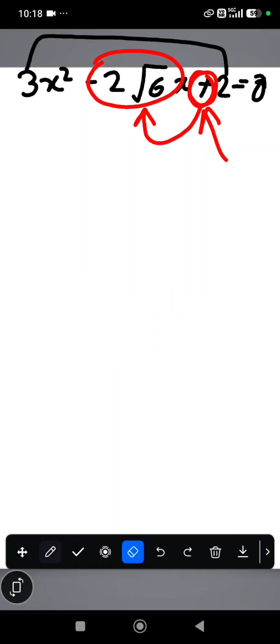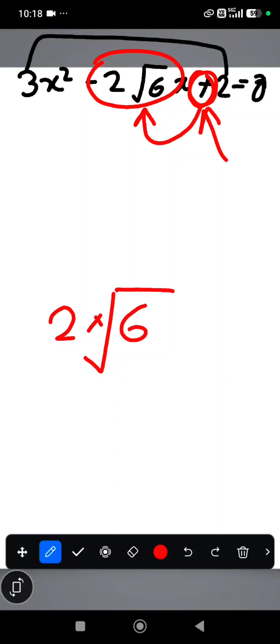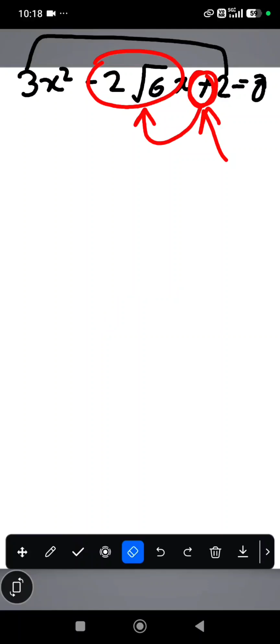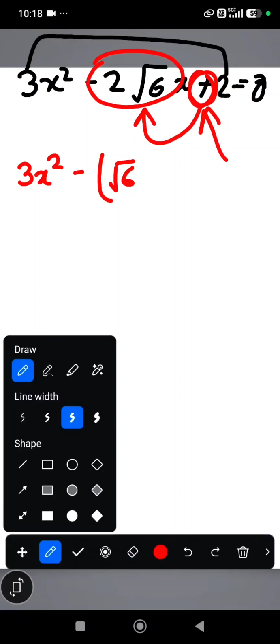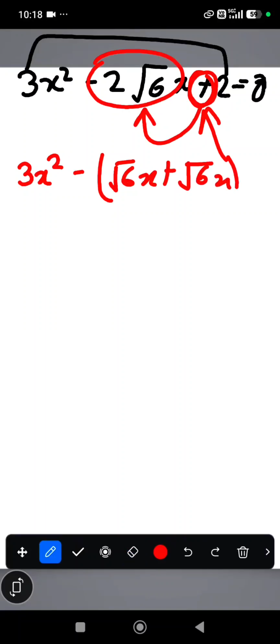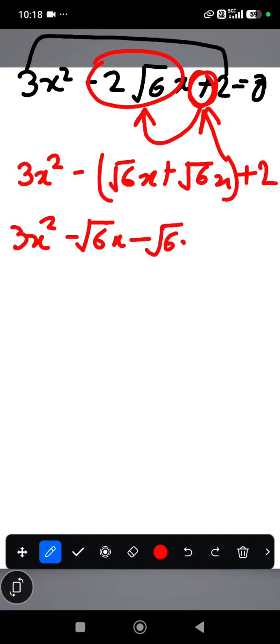Let me write. The 2 root 6 is written as 2 times root 6, a multiplication form, not a power. See, 3x² minus root 6 x minus root 6 x plus 2 equals 0.